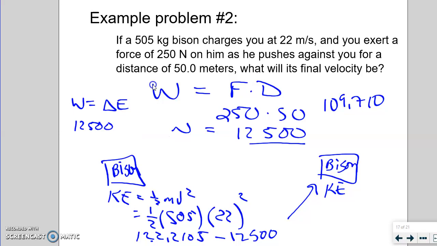The change is, of course, the final minus the initial. This guy only has kinetic energy that we're dealing with, so we're going to do final minus the initial.